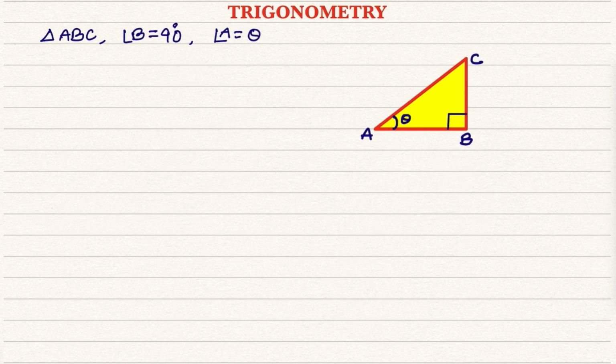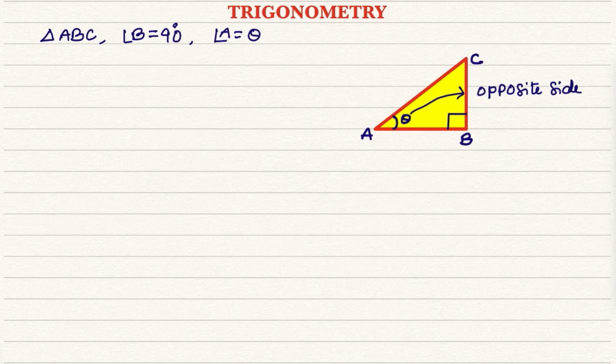Now, based on angle theta, we give different names to the sides of the right angle triangle. For example, in this triangle ABC, we have angle A equal to theta. Then BC is opposite to angle theta, so we name this side BC as the opposite side to angle theta.